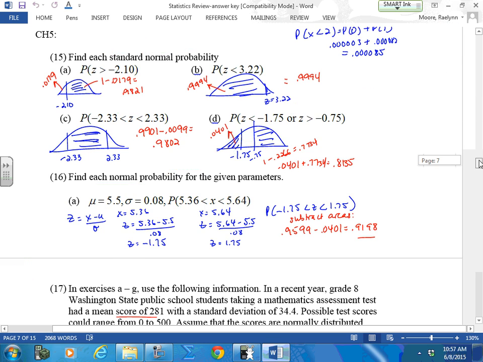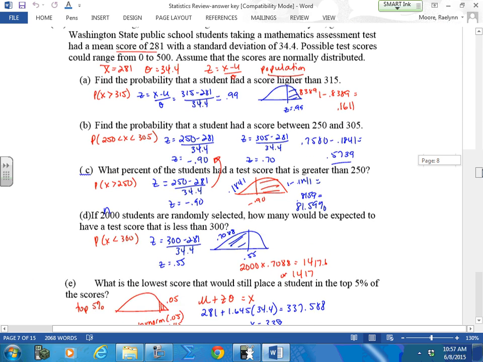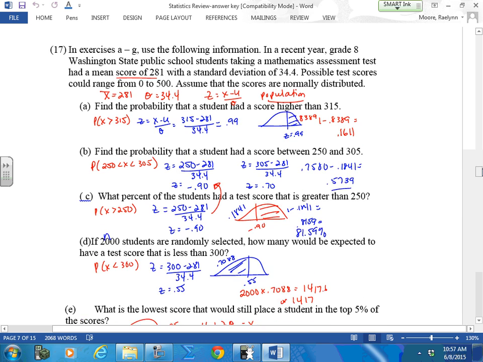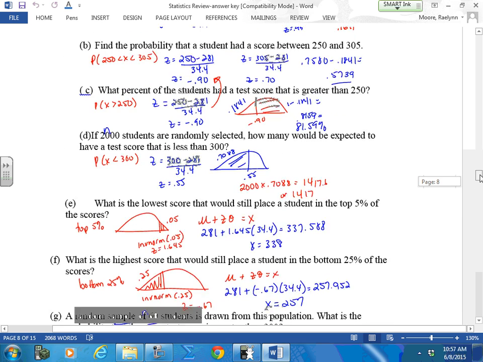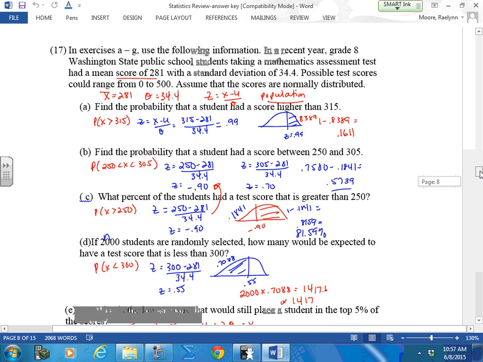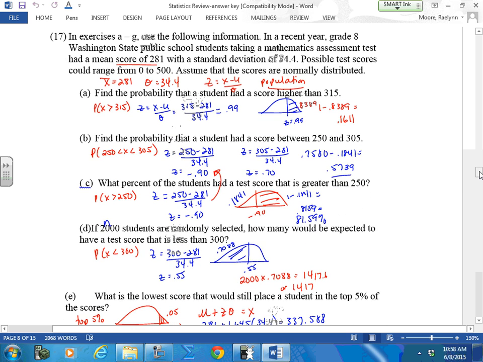Let's take a look. Maybe this will make more sense when we hit this one. This is a good one to do. Okay, we have a state test. All the Washington State public schools took a math assessment test.